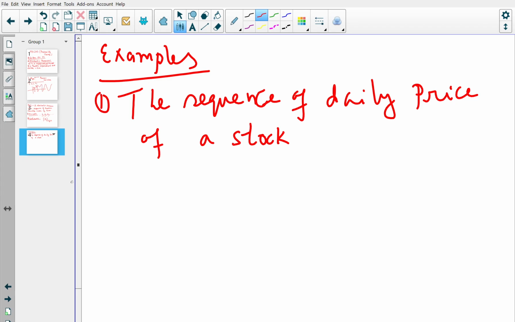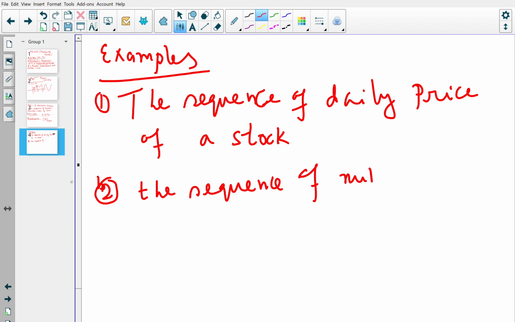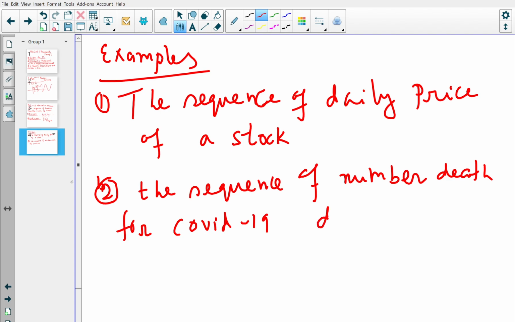Or, say, the sequence of the number of deaths from COVID-19 daily.